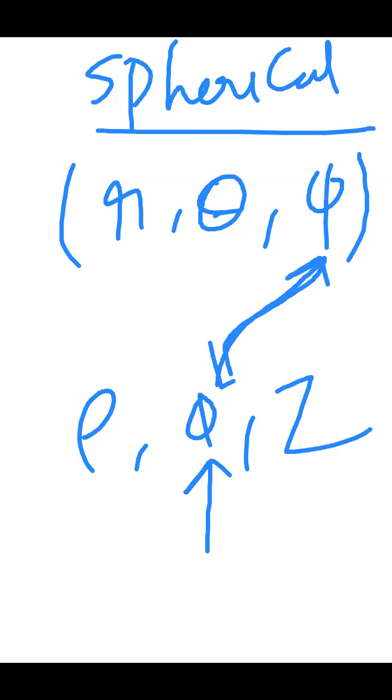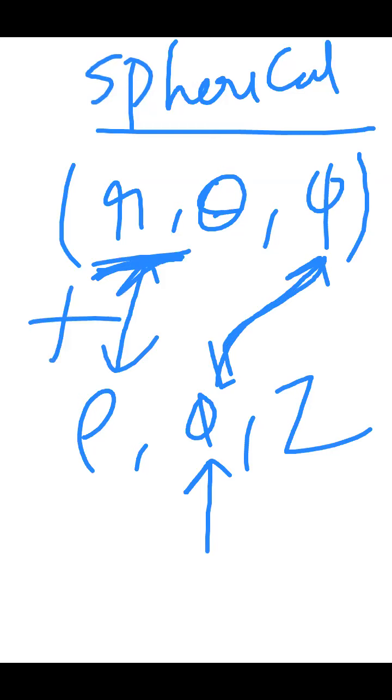The phi concept is the same here also, but these others are different. I am not putting rho here, I am putting something else. That is also some radius, but there is a little difference between rho and r. And theta is a completely new quantity. Now we will explain one by one what is r, what is theta, what is phi.